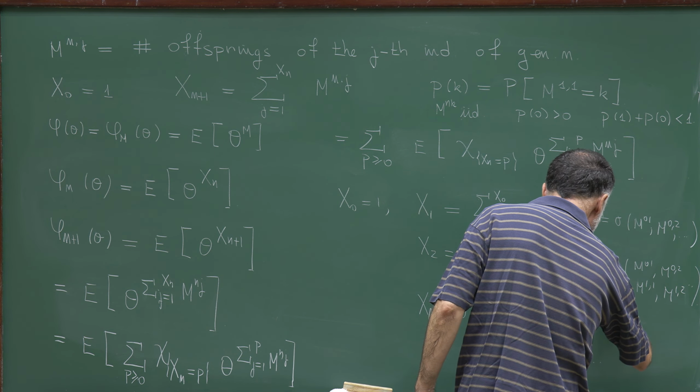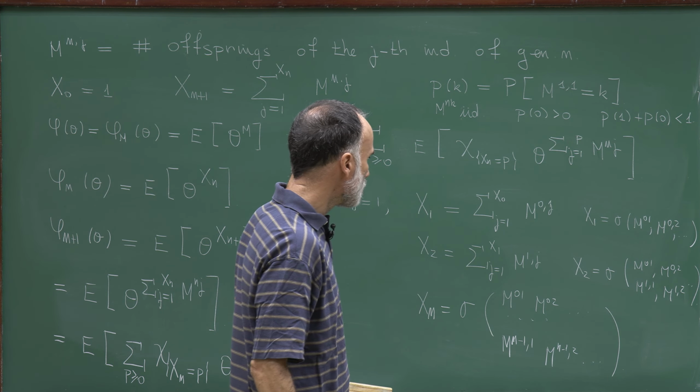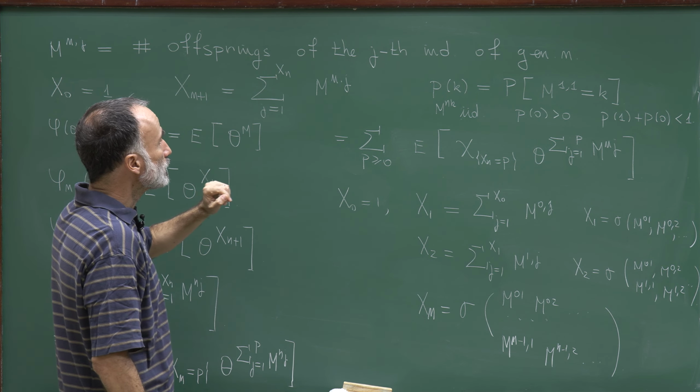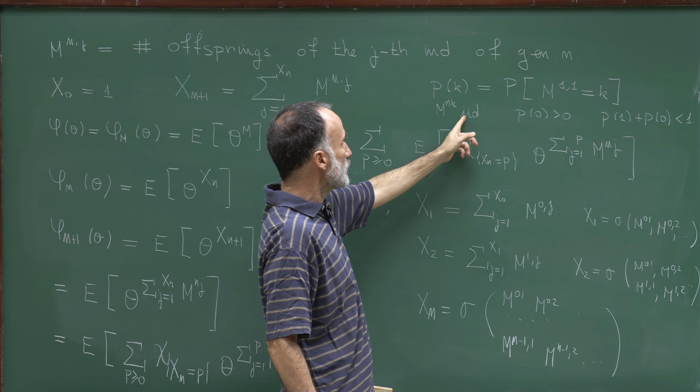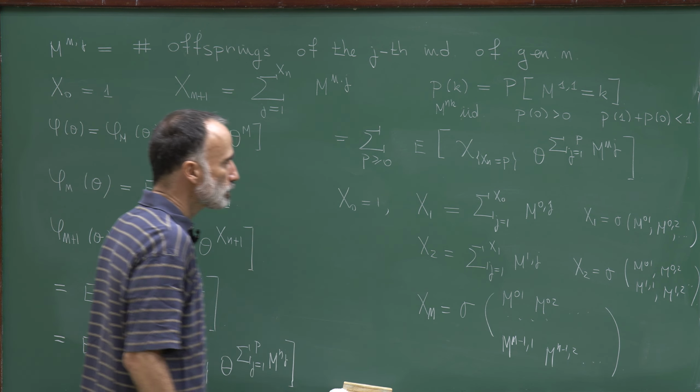And you see, what appear here are the variables mnj, which are not in this set. And since we assumed at the beginning that these variables are independent, this means that xn, which is a function of these variables, is independent of mnj, right?